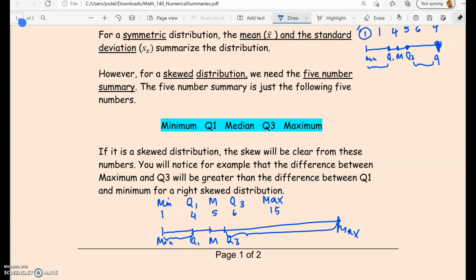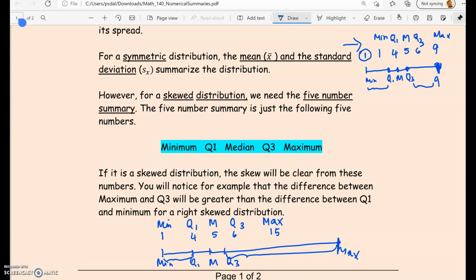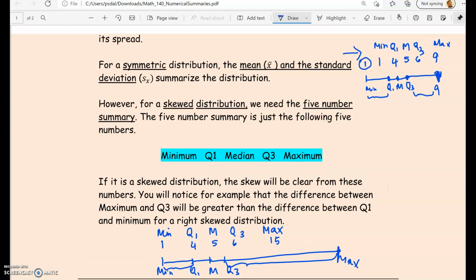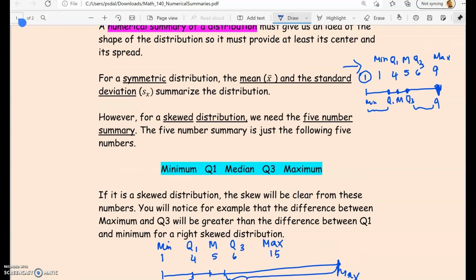So if we had to give a numerical summary that describes a symmetrical distribution, all we need is 2 numbers, x bar and the standard deviation s. These 2 numbers describe the entire distribution. The x bar describes the center, and s, the standard deviation, describes the spread.